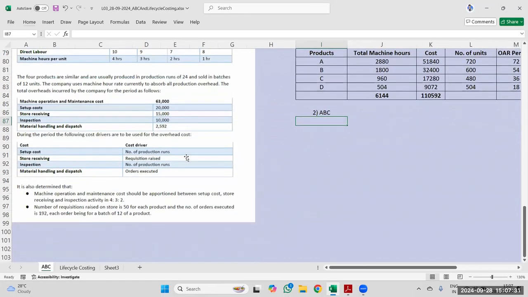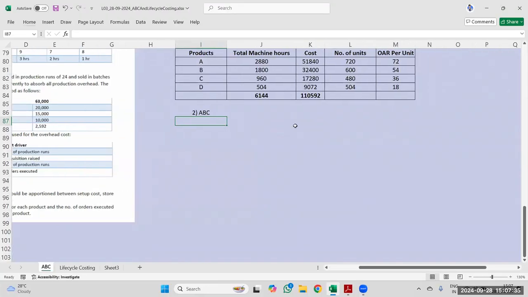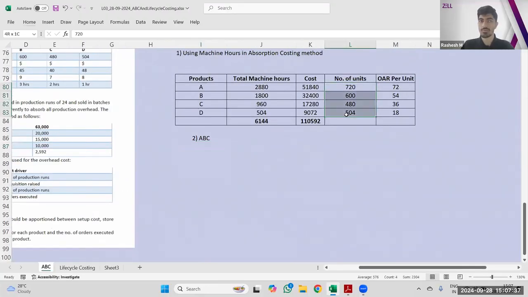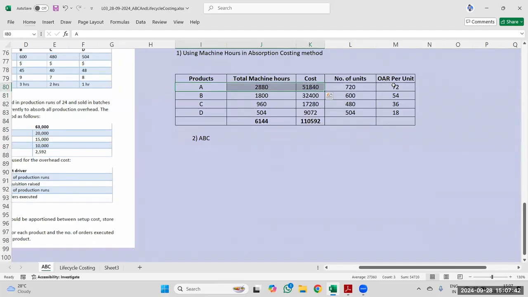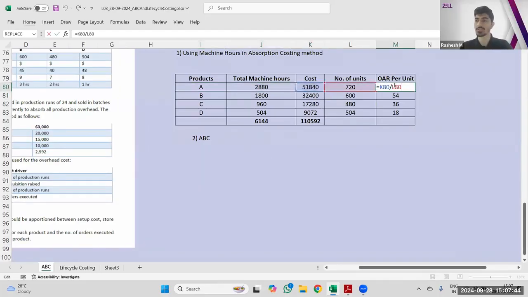Sir, how did you calculate that OAR per unit again? So number of units we have from the question. Yes, sir. We found product-wise cost. So OAR per unit is the division. Okay. And sir, how did we get the cost column, the total cost? Total cost was nothing but ratio.